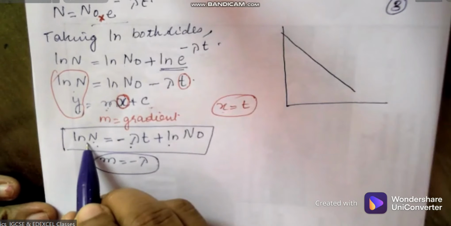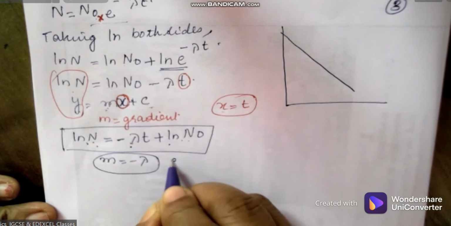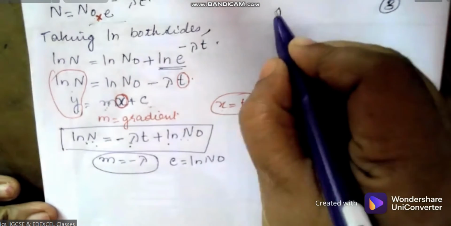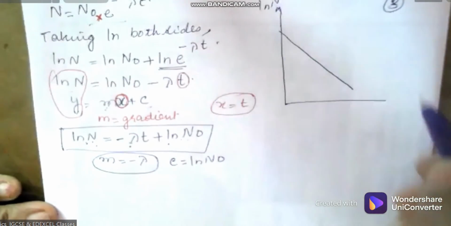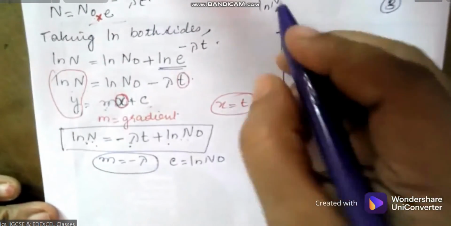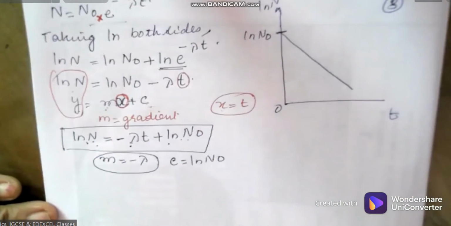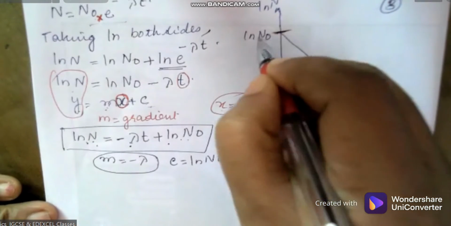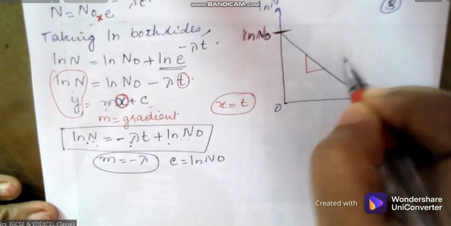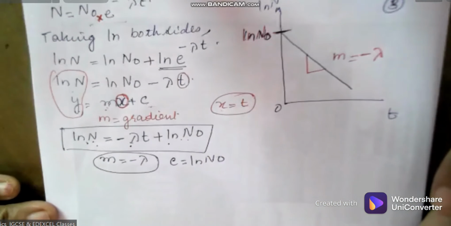And the y-intercept c is equal to ln N naught. So here we have ln N versus time, the y-intercept will be ln N naught, and the gradient will be the negative of the decay constant.